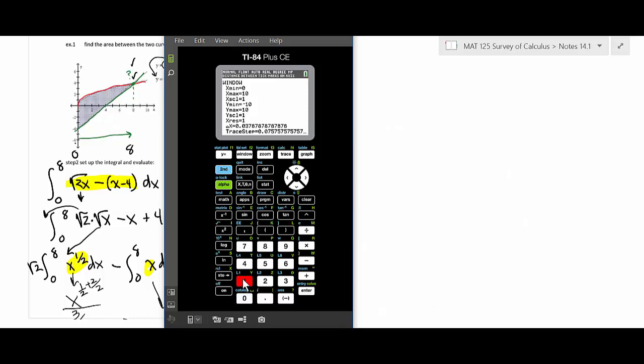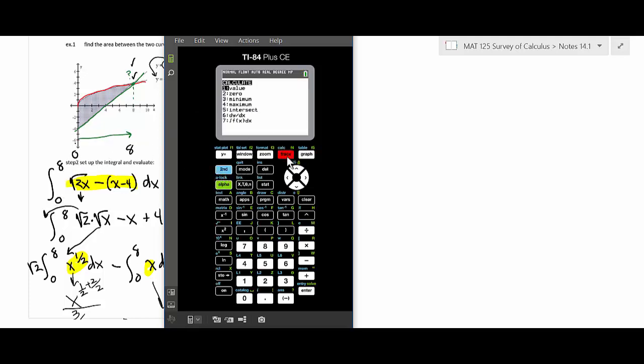Now when you graph this thing, it's not going to graph this, so don't let that confuse you. We're graphing this function. If I type graph, we should just get one region like that. Now you're going to go from 0 to 8, because the integral goes from 0 to 8.